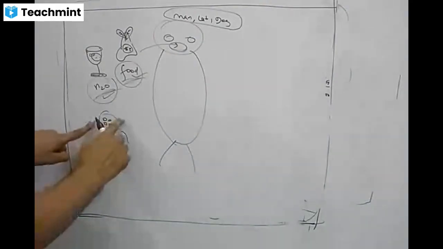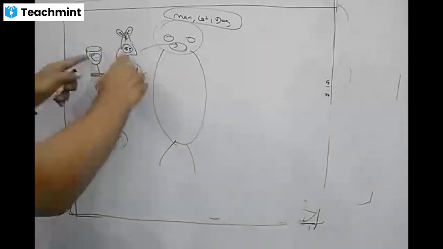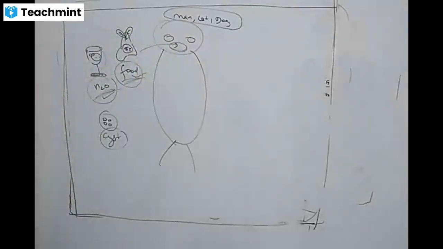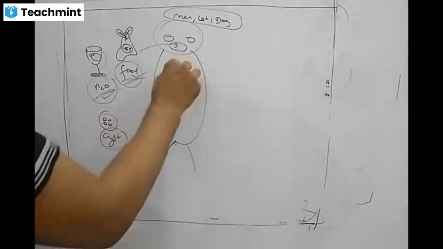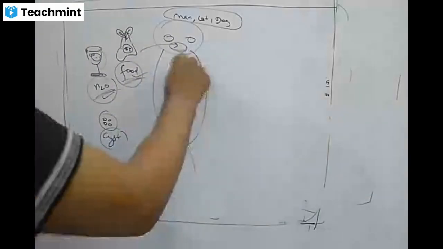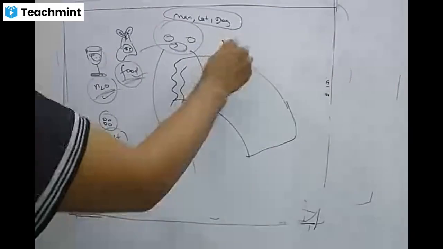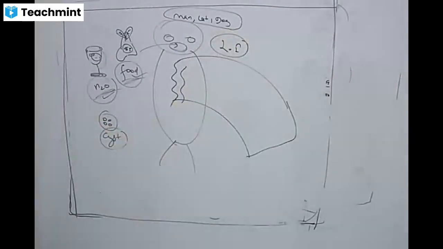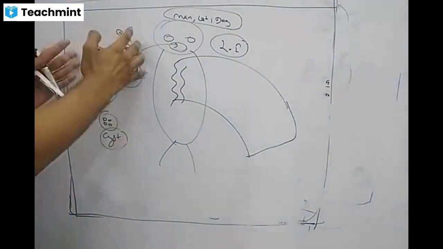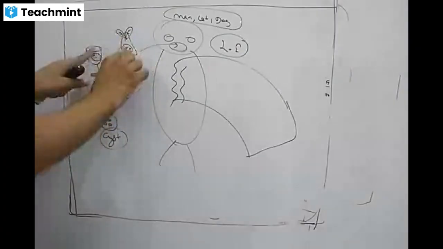This cyst is the infective and with the food, with the water, this cyst enters inside the body. Once it enters, then if we remove this GIT outside like this, the location of our parasite is large intestine.